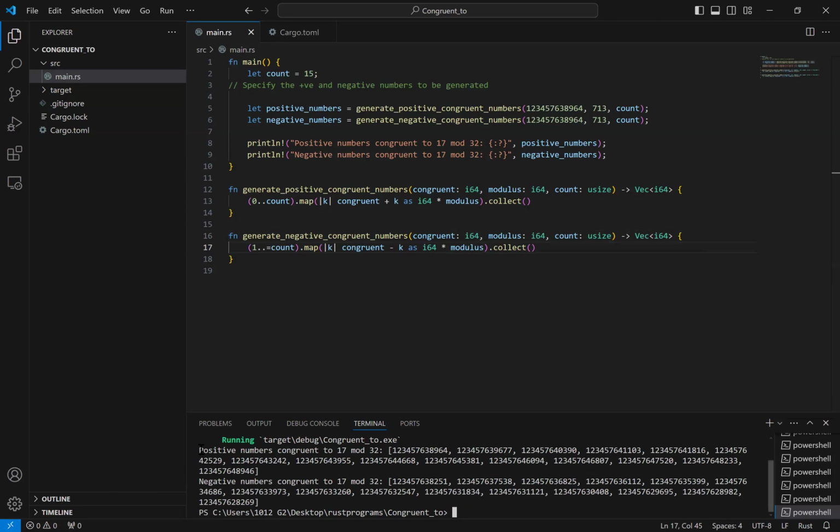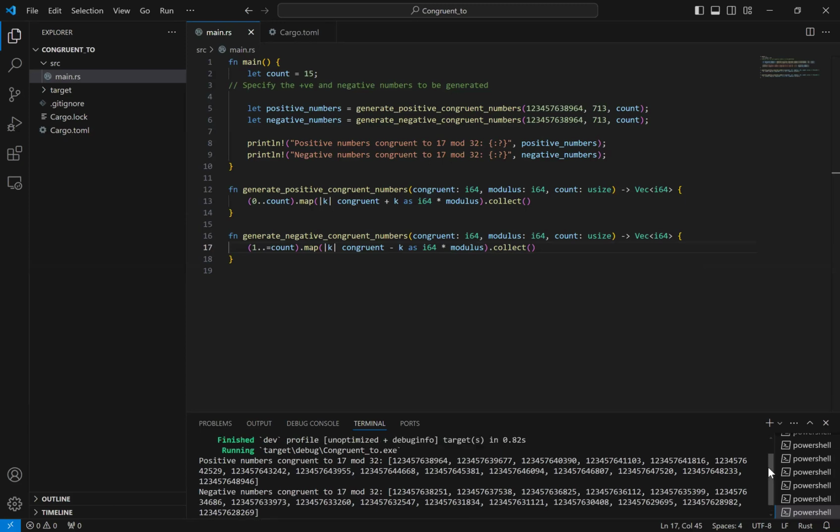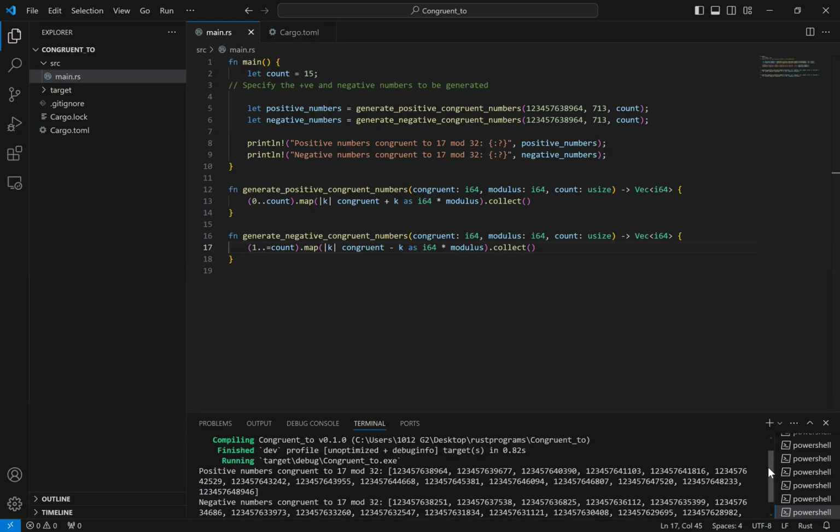It says the positive numbers congruent to 17 mod 32. What is that? Where is 17 mod 32 coming from? It reduced this number to... let me see.